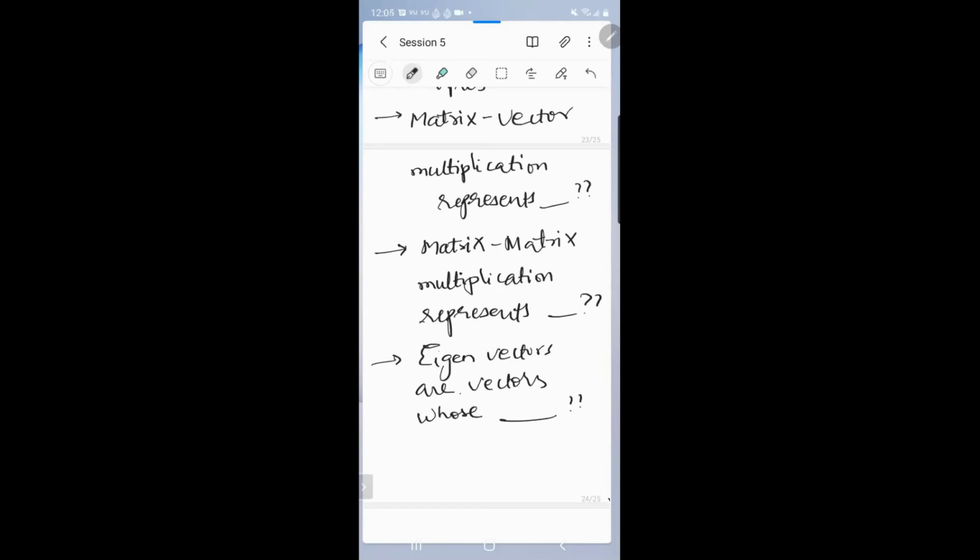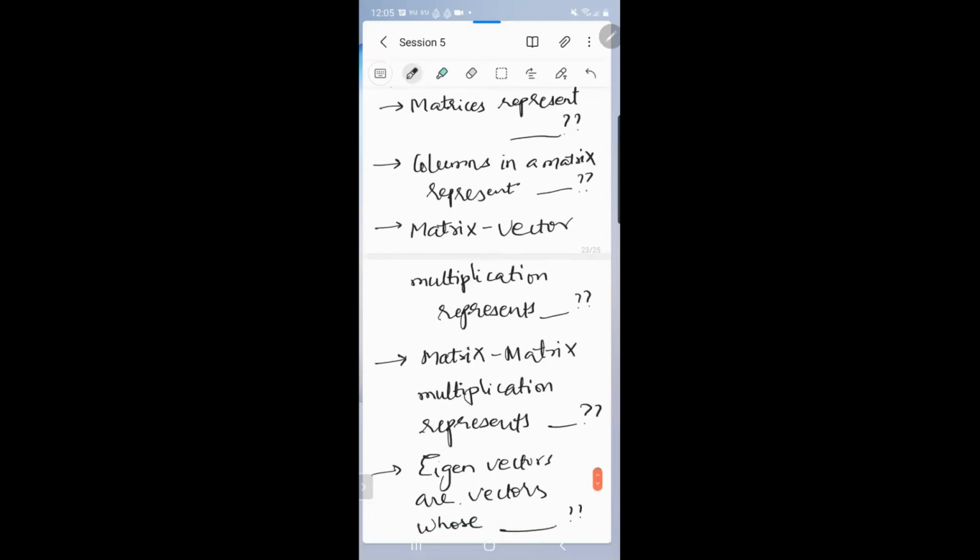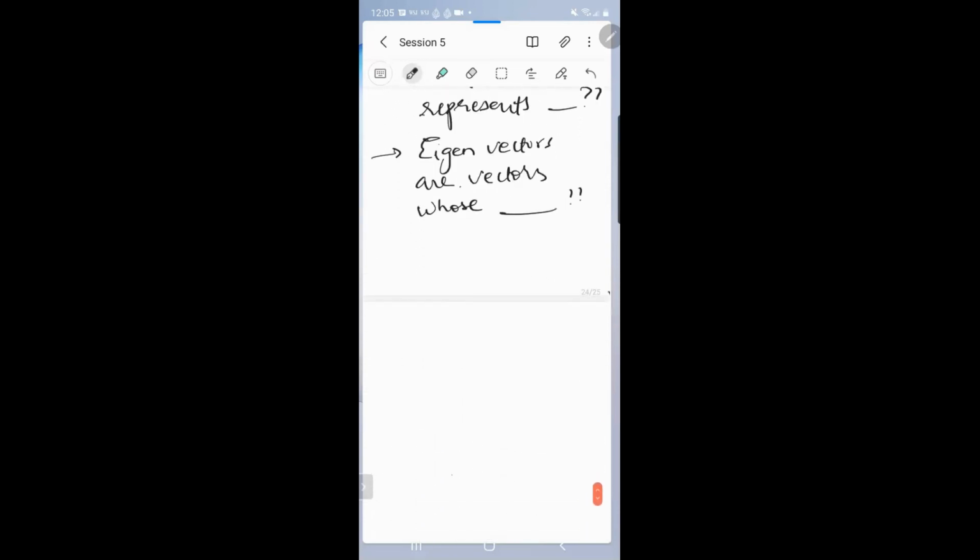So if you apply the two transformations one after the other, you are multiplying two matrices. That's what it represents. And what are eigenvectors? What is special about eigenvectors? Their direction doesn't change after the transformation. Only scaling happens. So these are the 5 things that we studied in the last 2 sessions.